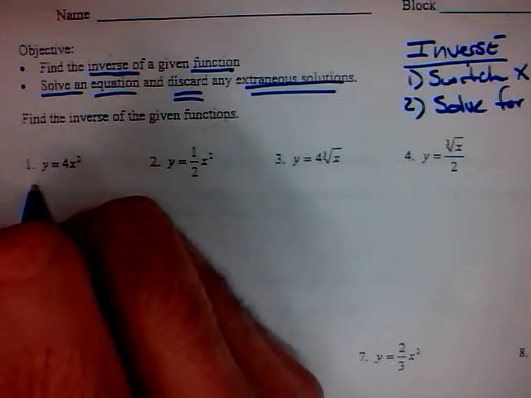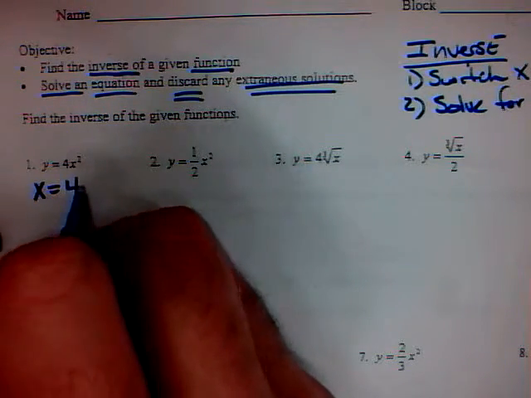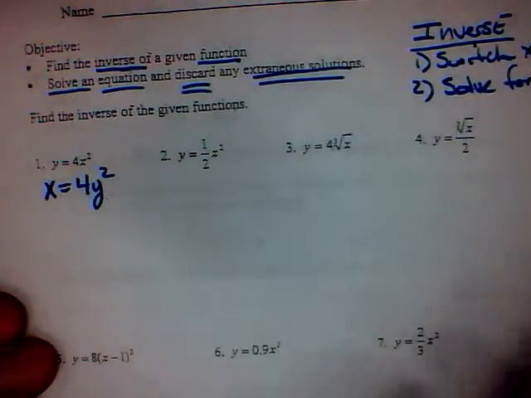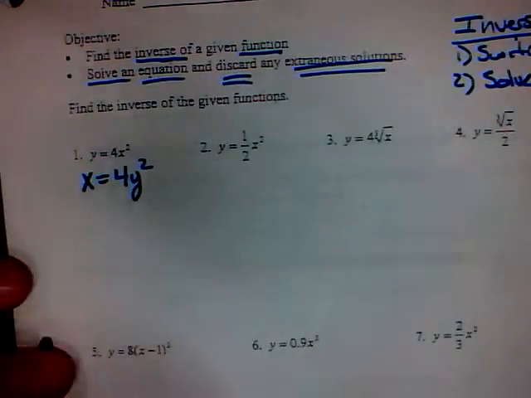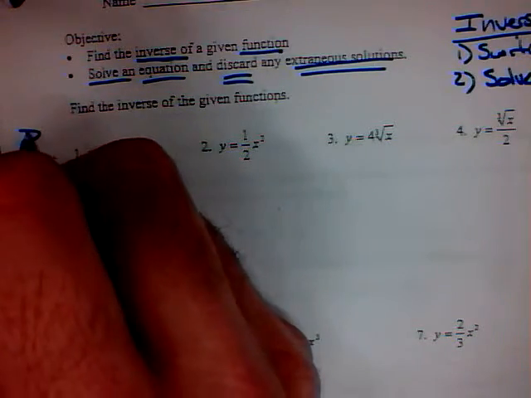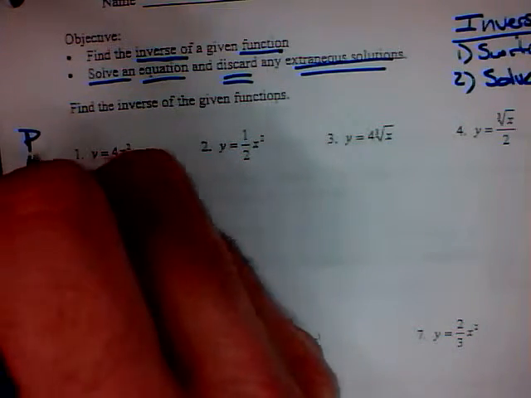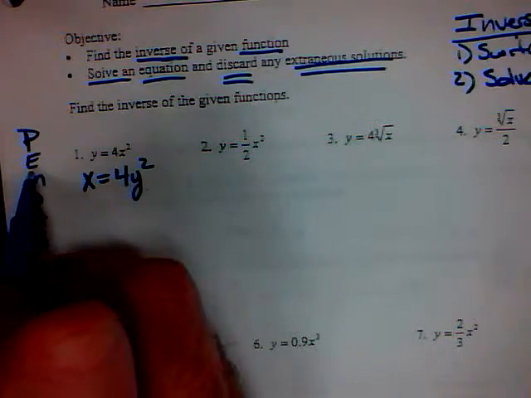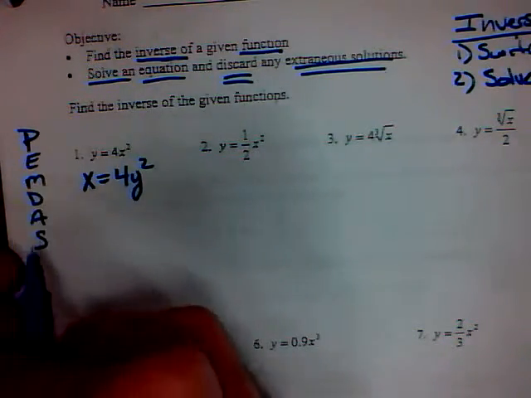First step, we're going to make the y an x, and we're going to make the x a y. Okay. And then to solve for y, we're going to go through PEMDAS, which is please excuse my dear Aunt Sally: parentheses and exponents, multiplication, division, adding, subtracting.